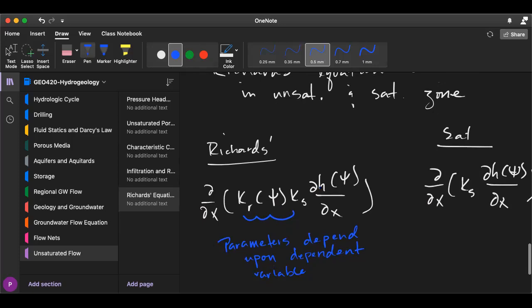That is, in order to know what my relative hydraulic conductivity is, I already need to know what my head is, but I'm trying to solve for head, right?